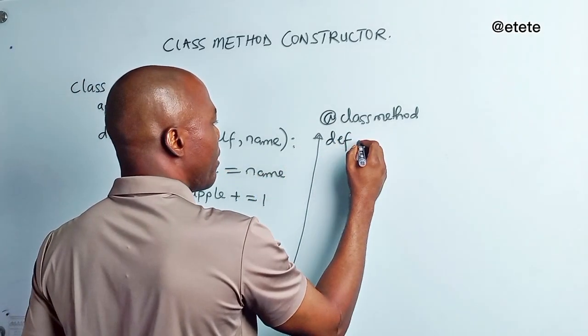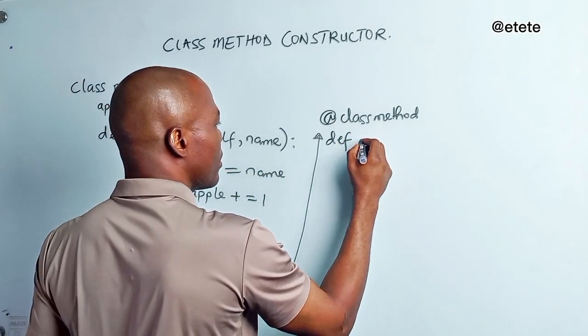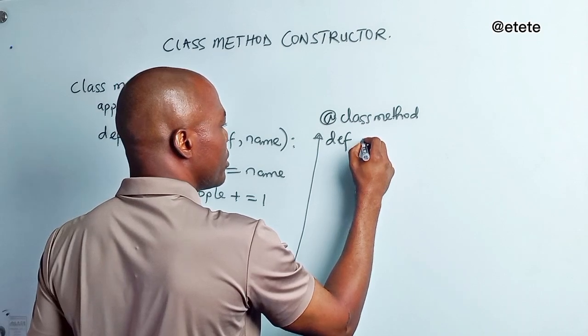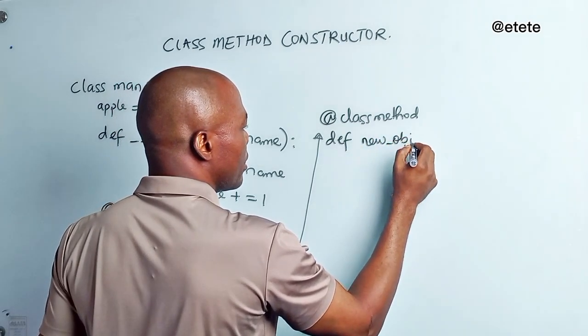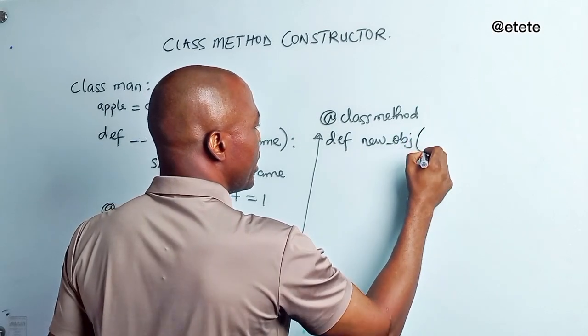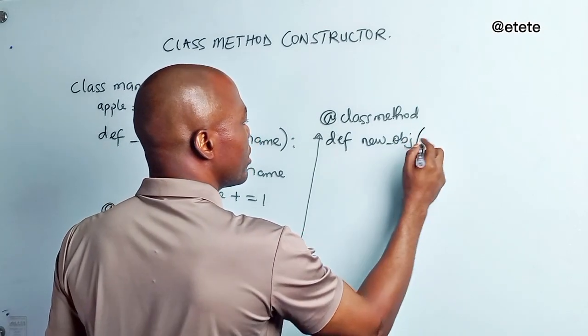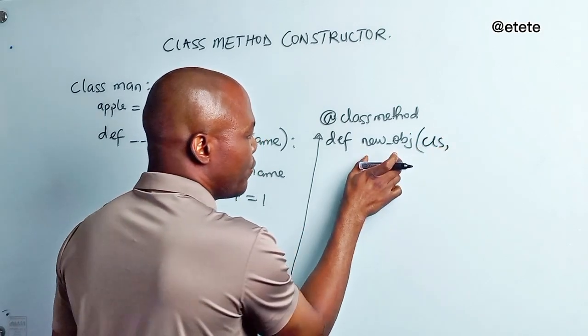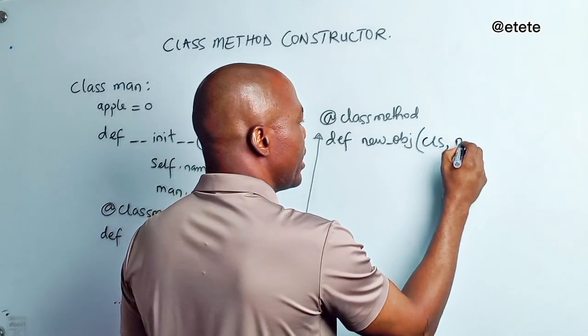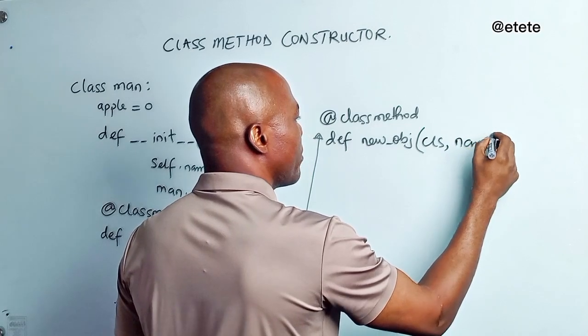Now, let's call this new object, right? New object. And then inside this new object is going to reference class. That's the first thing I'm going to give to it. And then name, right?